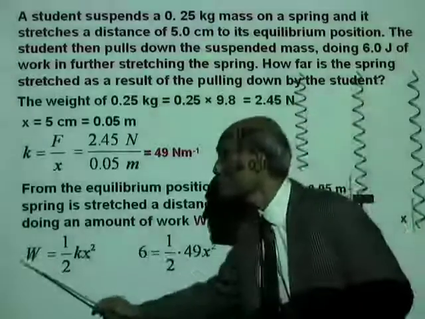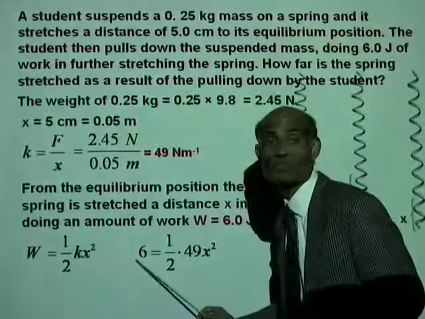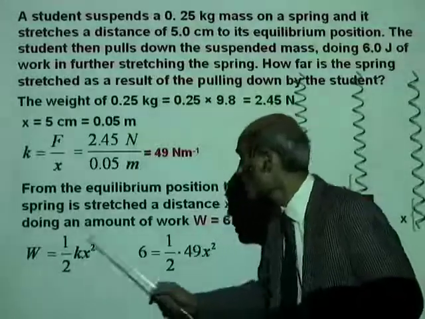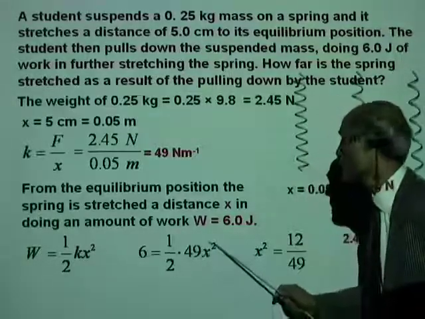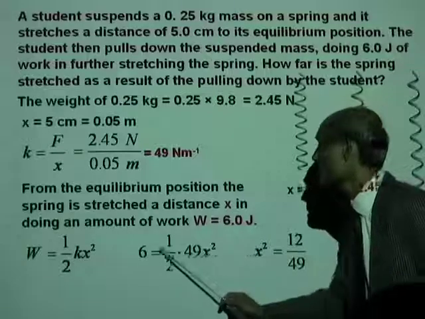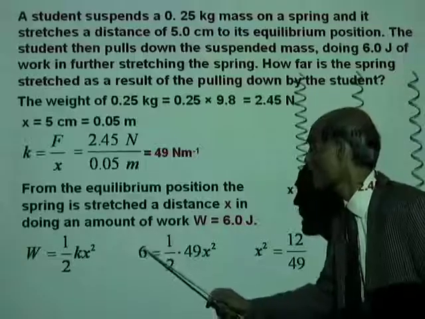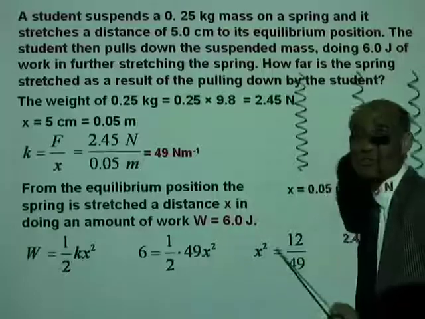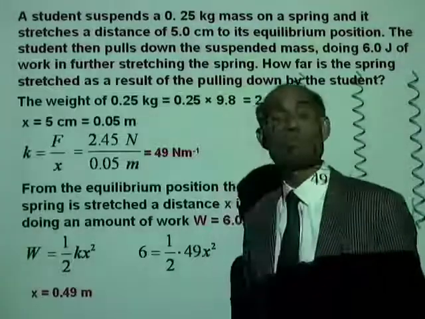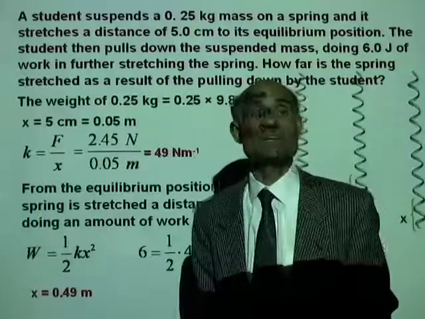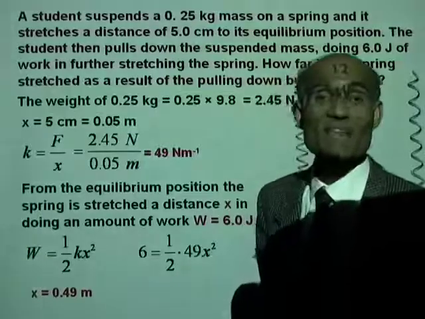And we can now replace W by 6 joules. K is known, and therefore we can solve for x squared. X squared is 6 times 2 divided by 49. And that will give you x equal to 0.49 meter, which is 49 centimeter.